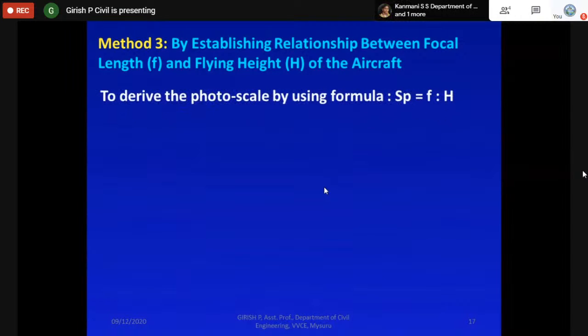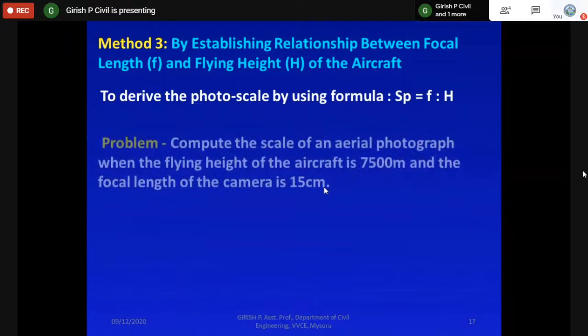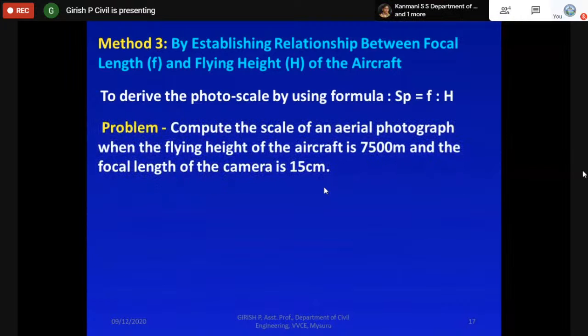To derive the photo scale we use the formula: scale of photograph is equal to focal length over flying height, that is SP equals F over H. For this condition, a problem: compute the scale of an aerial photograph when the flying height of the aircraft is 7,500 meter and the focal length of the camera is 15 centimeter.